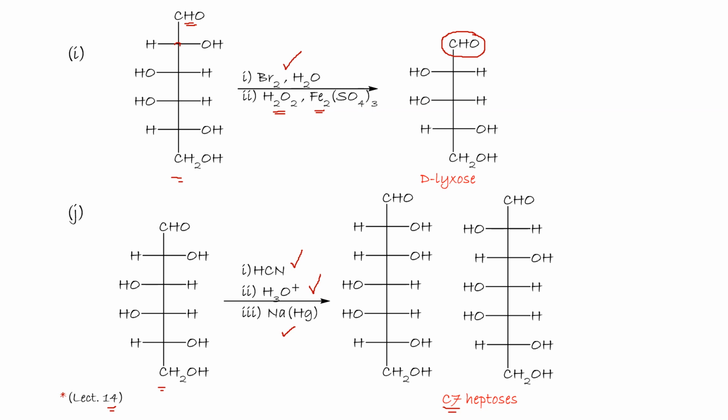Of course, when we add the hydrogen cyanide on the carbonyl, we increase one carbon, cyanohydrin formation in the first step, and the OH will be either right or left. Then the cyanide upon hydrolysis will give carboxylic acid, followed by lactonization and reduction with sodium amalgam to be an aldehyde. Again, check lecture 14.